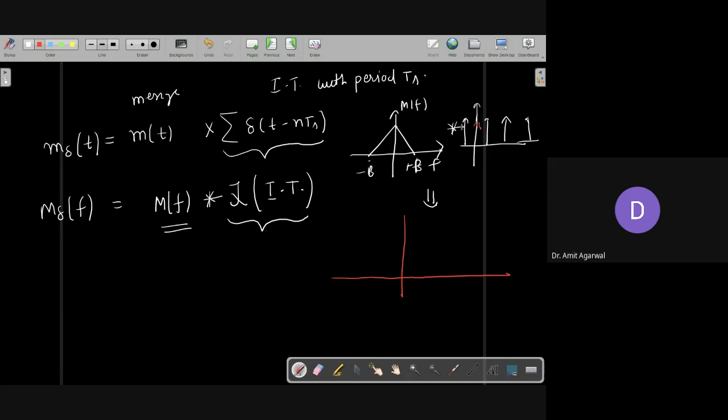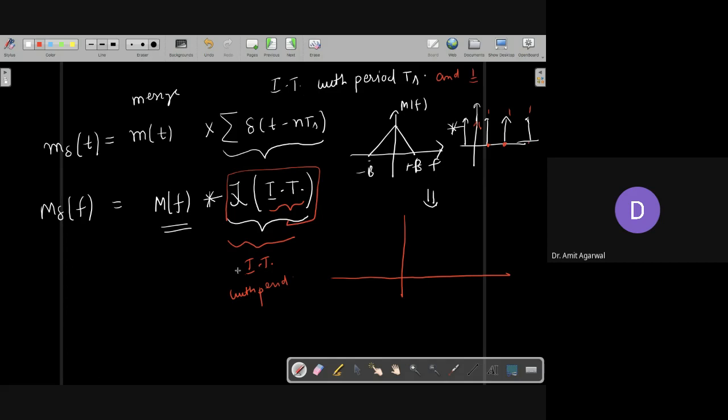So it will just shift your signal to some frequencies, depending on the location of the impulses, because the Fourier transform of an impulse train is also an impulse train with some other period. The question is: with what period and with what amplitude? Because this is the impulse train with period Ts and strength 1.